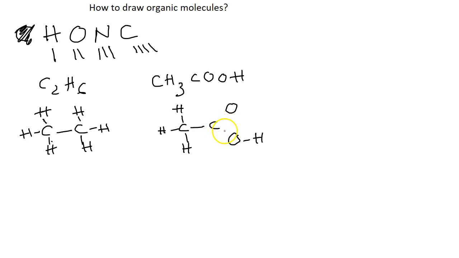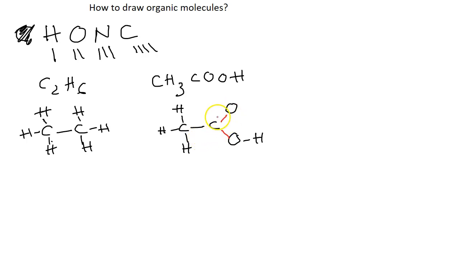Can we try this carbon bonded to both of the oxygens? If that's the case, this carbon has 1, 2, 3. That's not good. You need another bond for the carbon, and this oxygen only has 1 bond, so that's not good either.